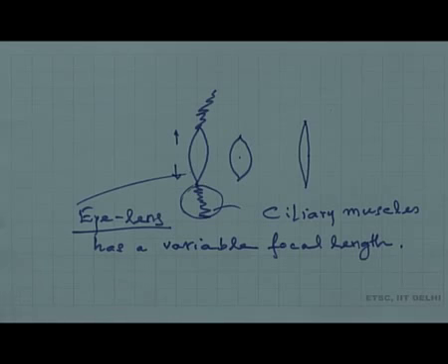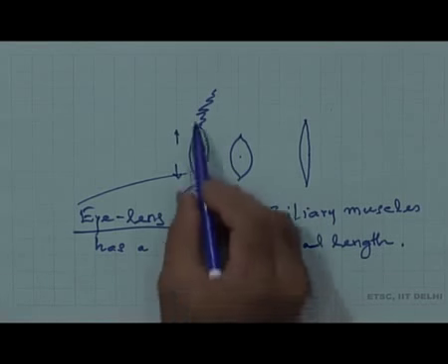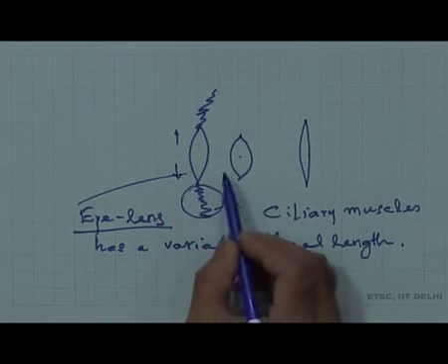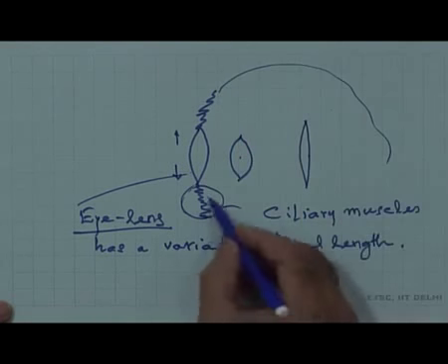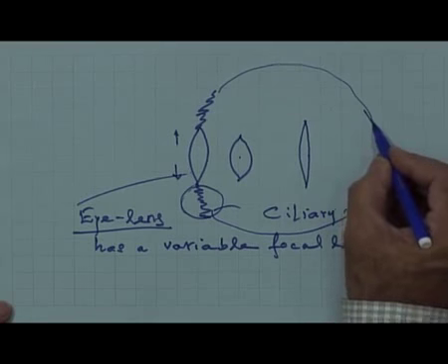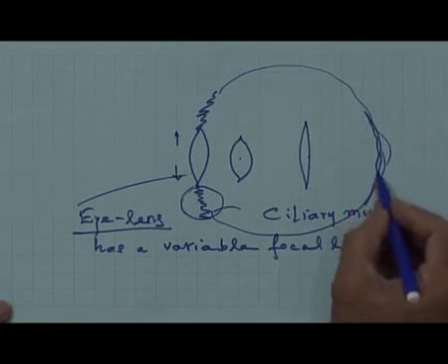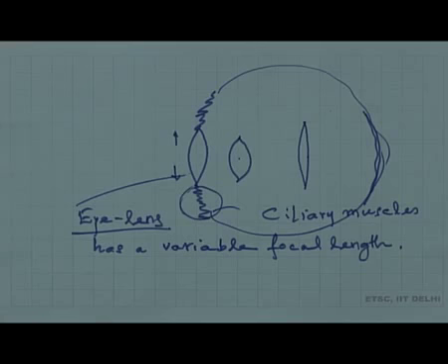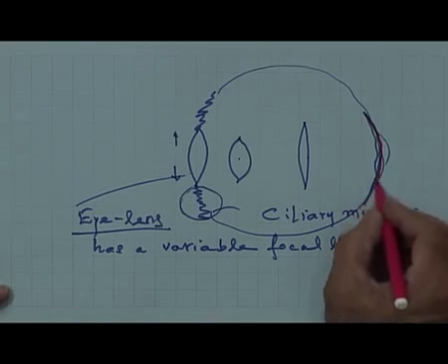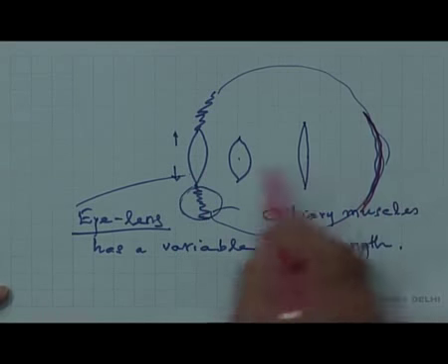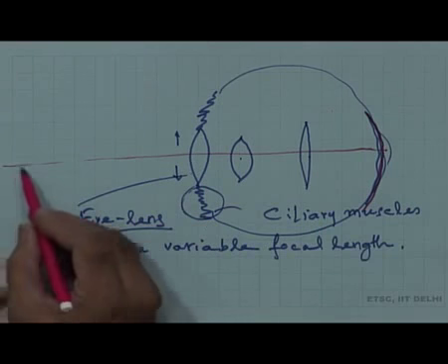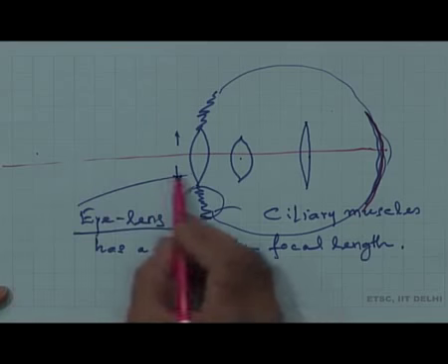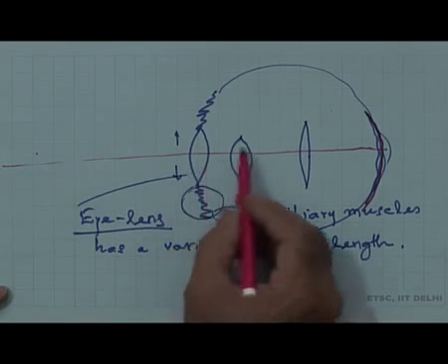Now, this variation in the focal length, so that the image is always formed. Please see, if I continue this here like this, there is the retina here at the back, and the image is formed on this retina, because this distance is fixed. Depending on where the object is, the focal length of the lens has to be adjusted.